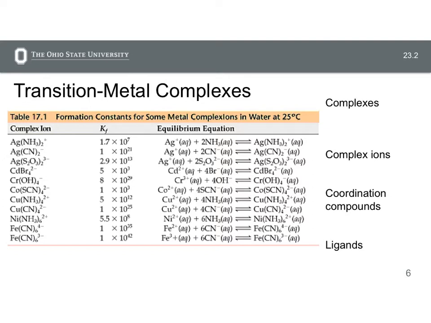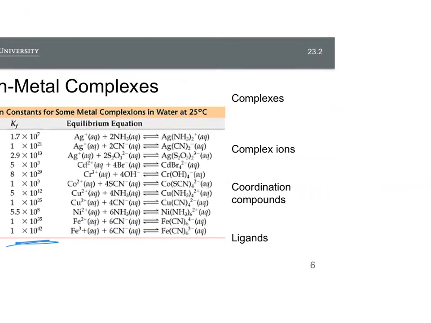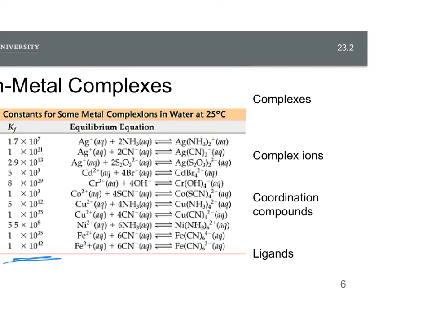I want to bring this up again because we will be talking about many of these complex ions, and we will be thinking a little bit here about the magnitude of the formation constants. That is important because it allows us to take advantage of certain properties of metals and how they form complexes. But before we get to that, let's do a few definitions.